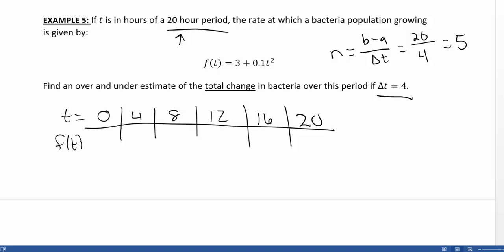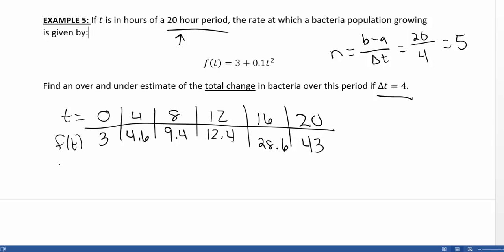Which means we need to take each of these numbers and plug them into f of t. So plugging each number in, we get 3, 4.6, 9.4, 12.4, 28.6, and 43.